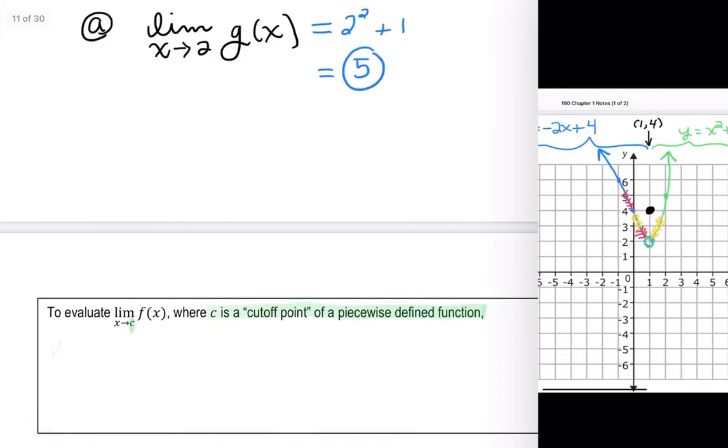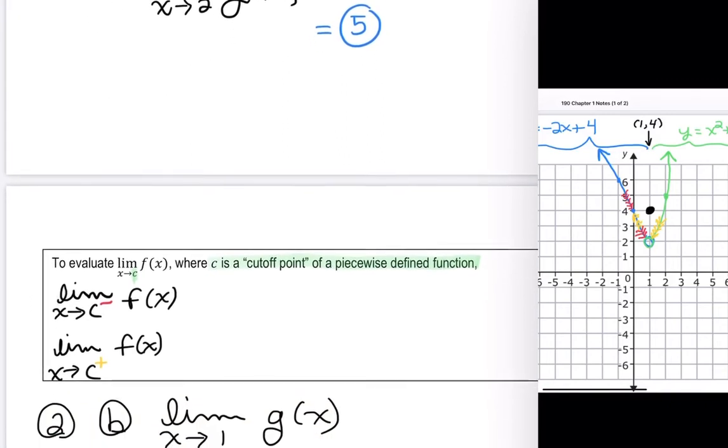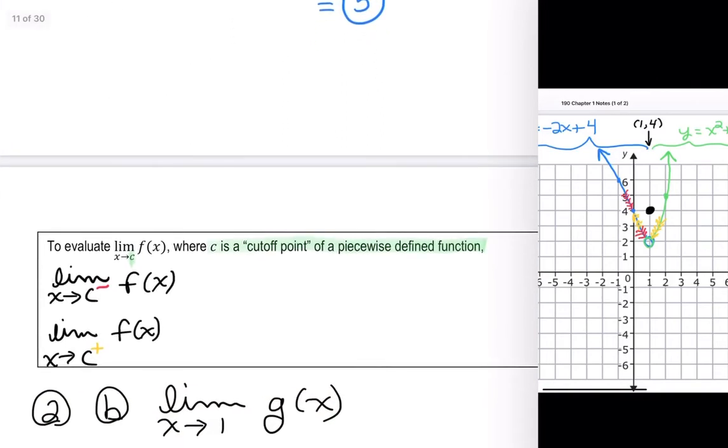We're going to have to look at the limit as x approaches c from the left, and then we're going to have to look at the limit as x approaches c from the right of f of x. What we want to do when we're done is compare those two results, exactly what we're doing visually.